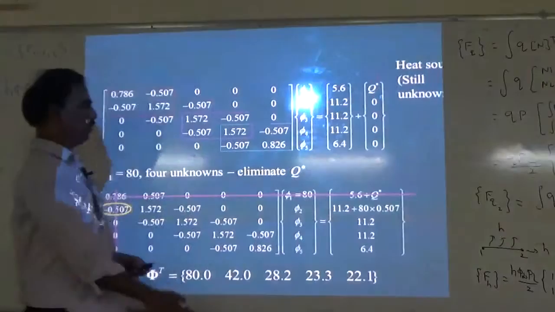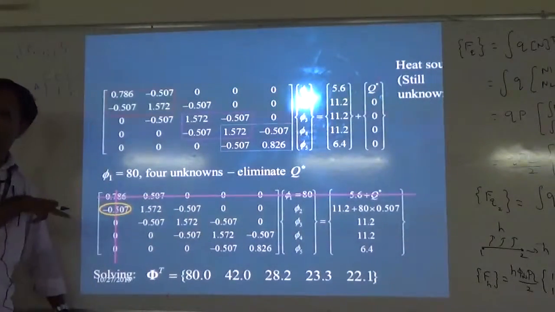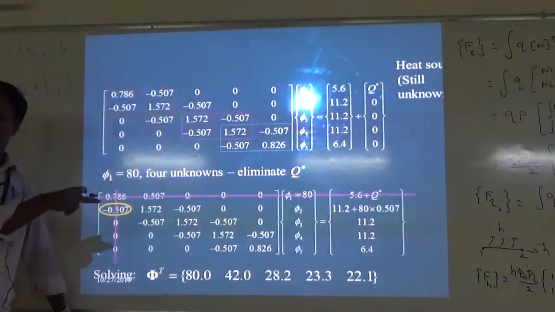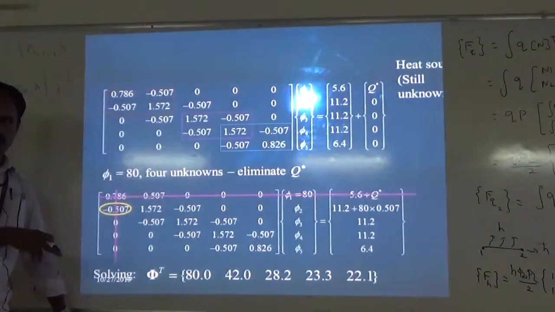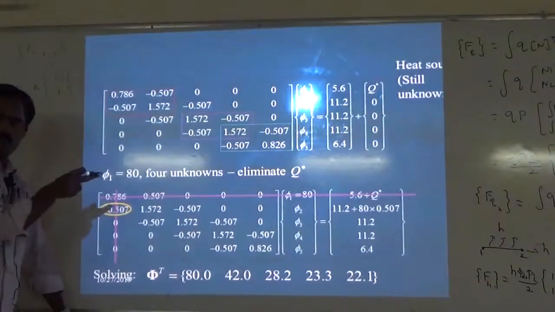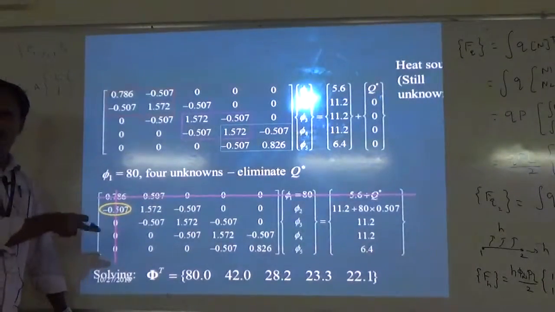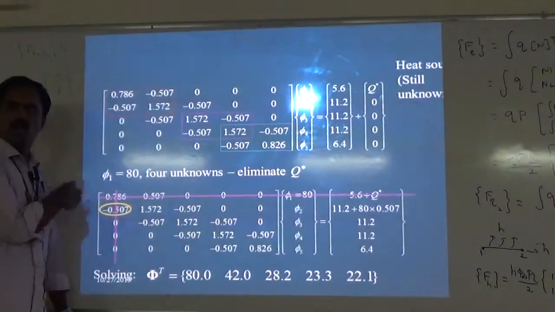As usual, the first degree of freedom is specified. Then eliminate the first row and first column. But you have to be very careful. The specified degree of freedom is non-zero here. If it is non-zero, you have to make changes on the load vector side.